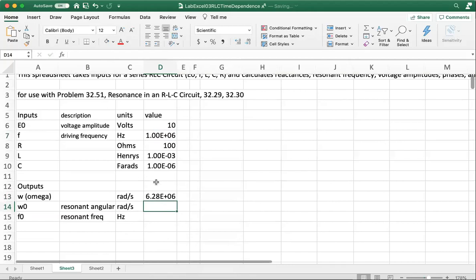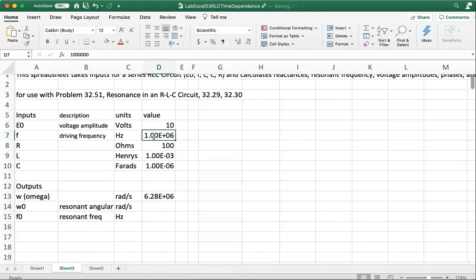Okay, so right now I have the frequency at 1 megahertz, and then let's start it out a little slower though. The nice thing about what we're going to do here is these inputs you can change to whatever you want. And so I just made the driving frequency 100 hertz. And so at 100 hertz, we have 628 radians per second.